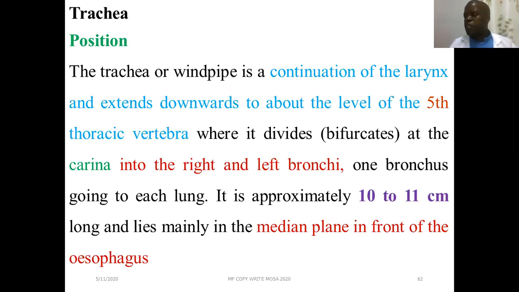The trachea functions as a respiratory organ where air passes as it goes to the lungs.